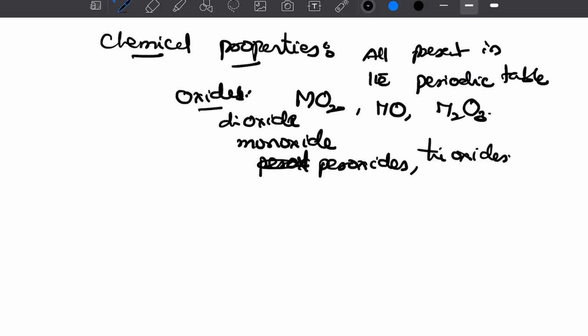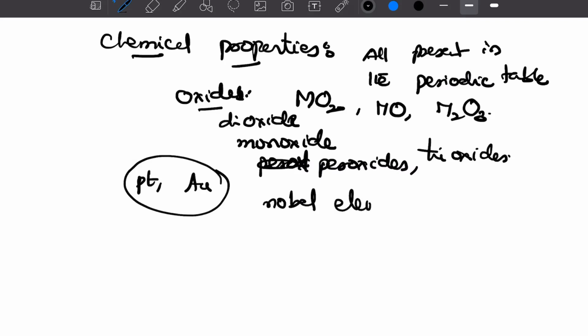These oxides are formed by almost all elements in the periodic table. But platinum and gold are called noble elements. These two noble elements cannot react with oxygen to give oxides, so oxygen cannot react in the elementary state with platinum and gold.